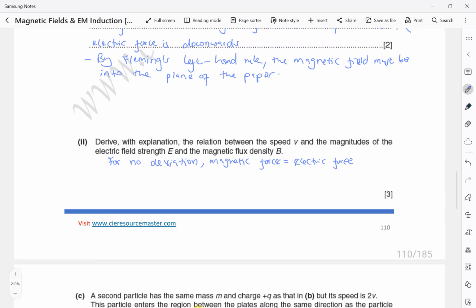And if that is true, I would simply say BQV is equal to QE, which implies that v is equal to E divided by B. So the explanation: if there is no deviation, the magnetic force is equal but opposite to the electric force.